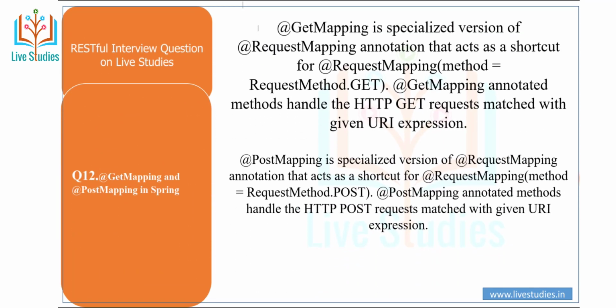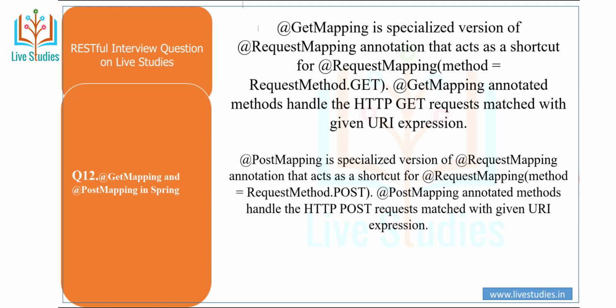Another question is @GetMapping and @PostMapping in Spring Boot. @GetMapping is a specialized version of the @RequestMapping annotation that acts as a shortcut for @RequestMapping with method equal to RequestMethod.GET. A @GetMapping annotated method handles the HTTP GET requests matched with the given URI expression.